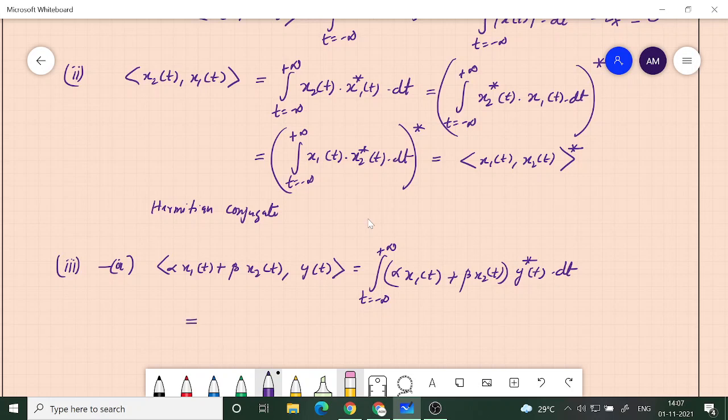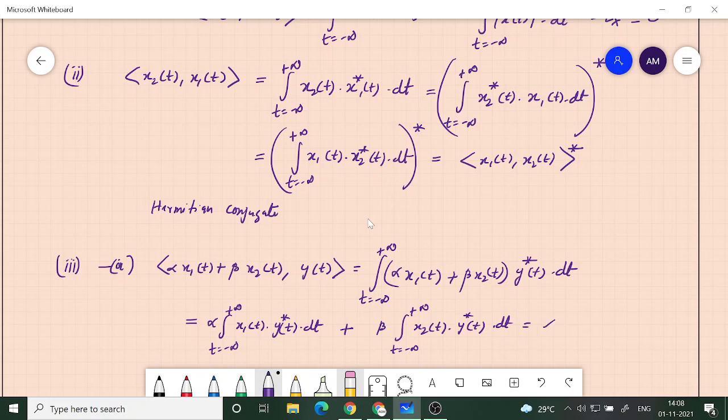I can split it, taking alpha outside, and the rest is x1 of t conjugate of y of t dt. That is the first term. I can take beta also outside, and beta doesn't have any conjugation here: the integral of x2 of t into the conjugate of y of t.